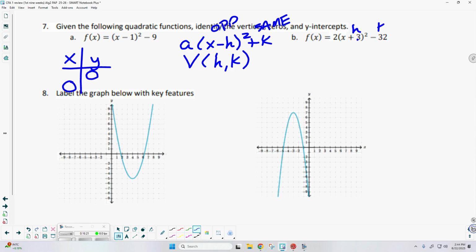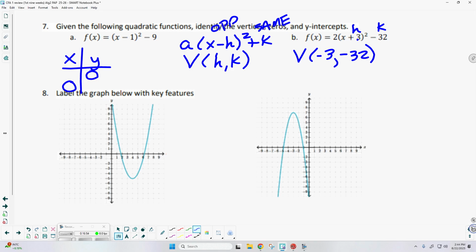This is my h, this is my k. I just heard somebody start to say it. Is it 3 or negative 3? Negative 3, and then what? Negative 32. Okay, so we got the vertex.